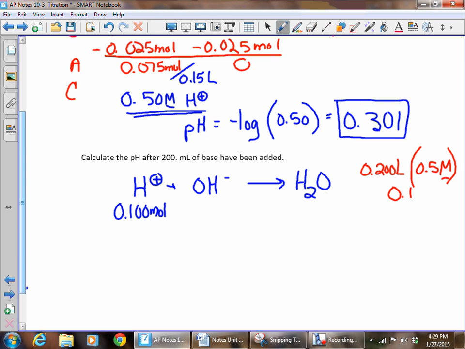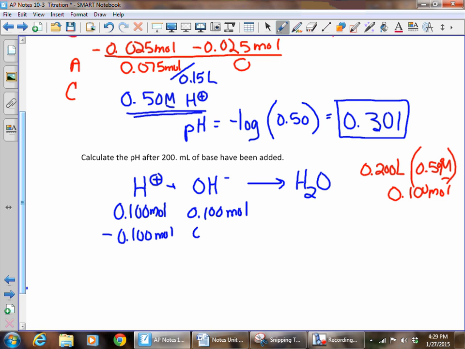So we're going to have 0.10 moles. Now, technically 0.100 moles because all of these were 3 sig figs.